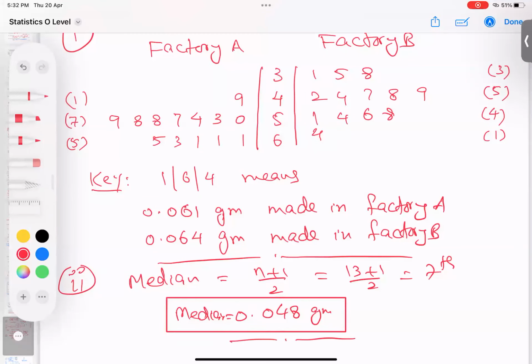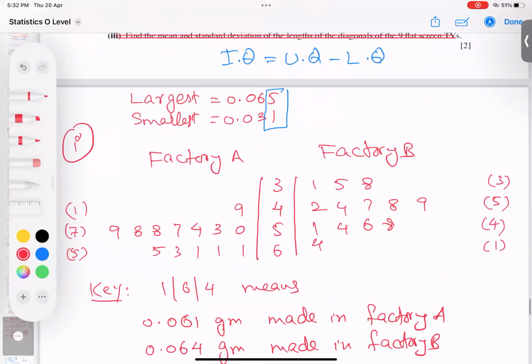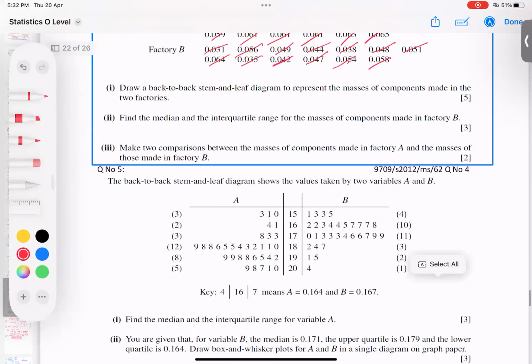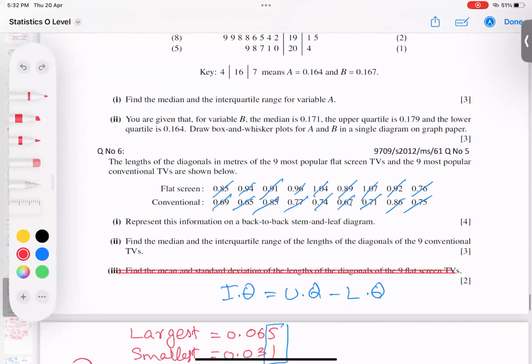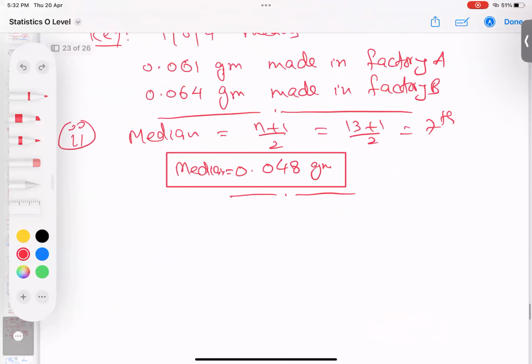Let's go for the interquartile range. So it means I will go for the upper quartile first. So 3 times (n plus 1) over 4, 3 times 13 plus 1.